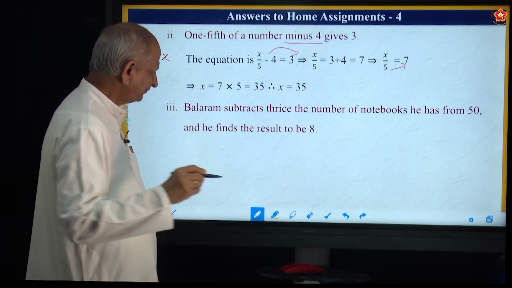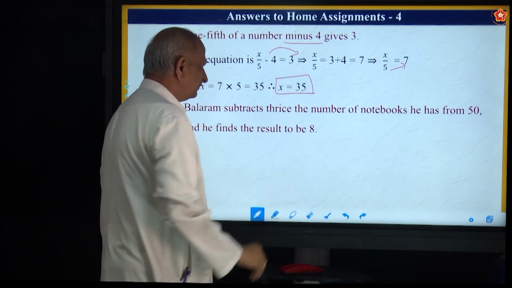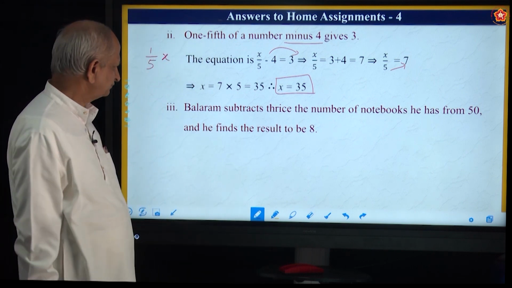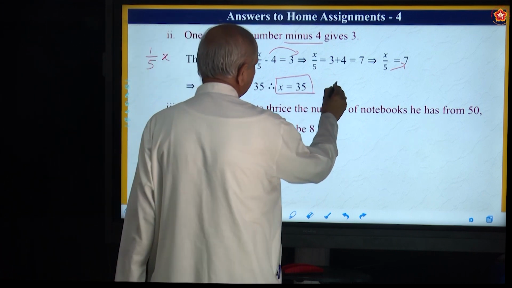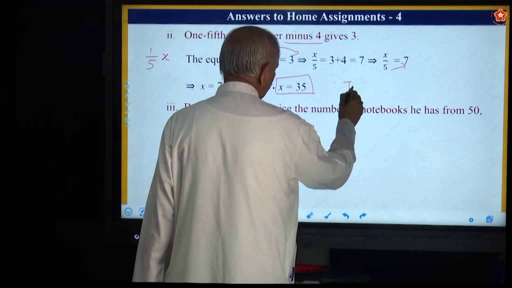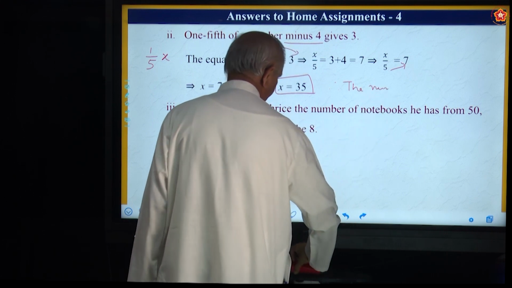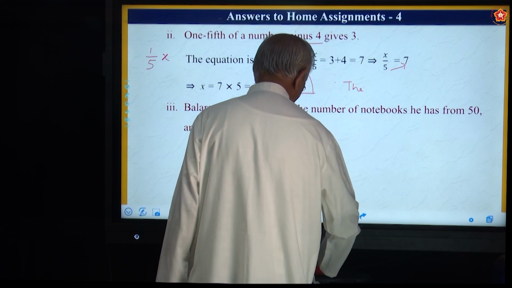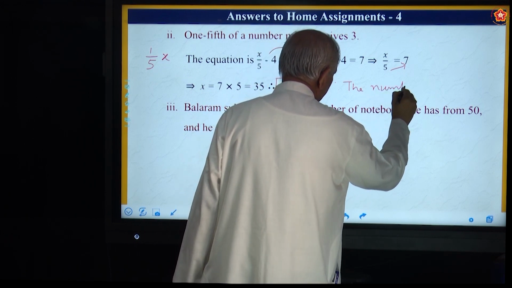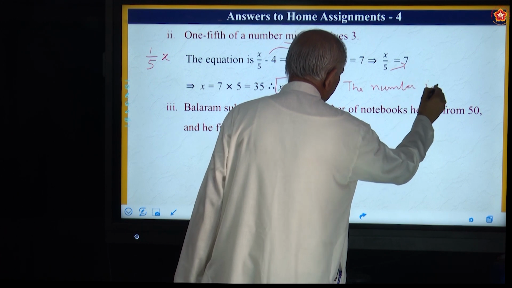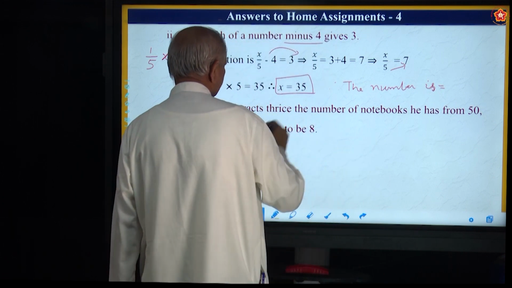You understood? So, you put a box for this or you can underline it to show that it is the answer. Therefore, you must write the answer. Therefore, the number is... How much? 35.